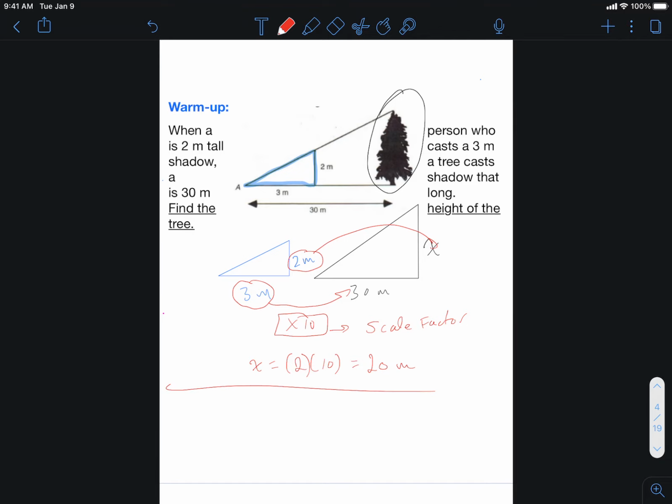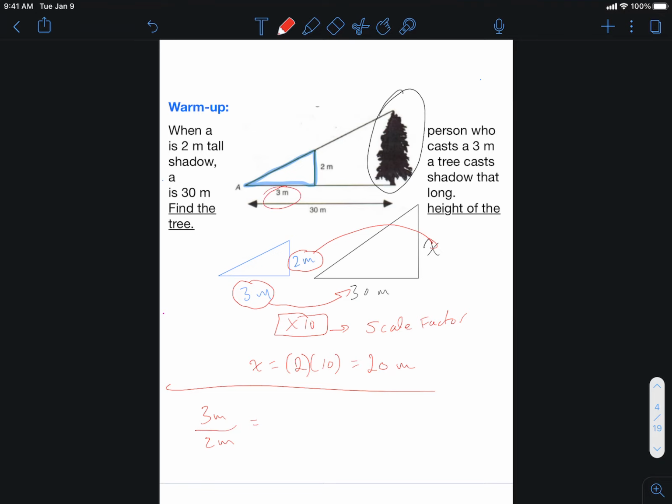If you had a more complicated question, where the numbers weren't so nice, or you weren't able to extract the 2 triangles perfectly, you could just write 3 meters over 2 meters has to equal, where's the 3?